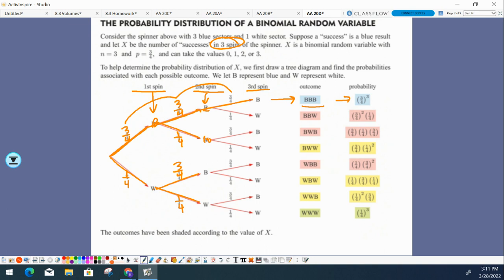That is equivalent to 3/4 to the 3rd power. We look at the combination next. Blue, blue, white is 3/4 times 3/4 times 1/4. All right, and just follow the pattern. If you need to stop the video to get all of this written down, that's fine.